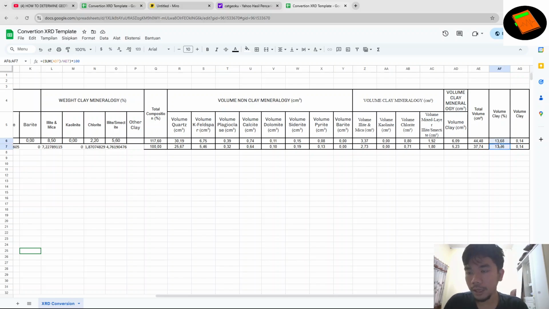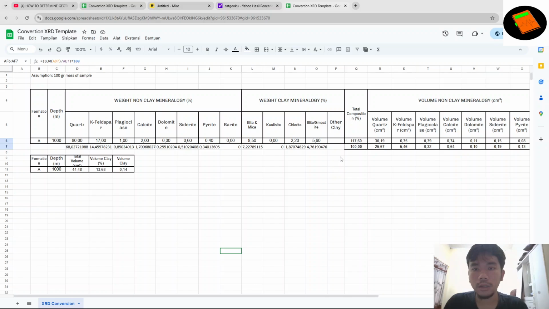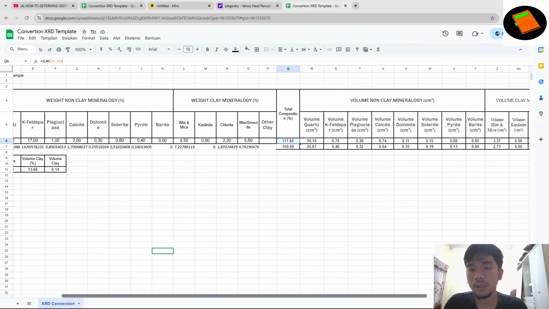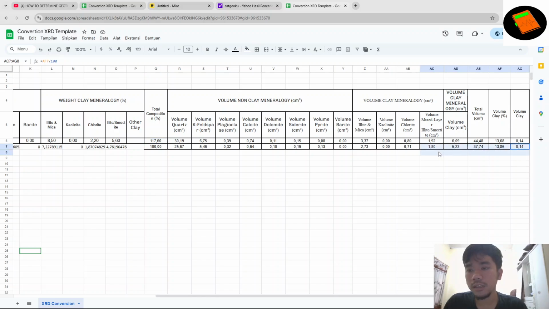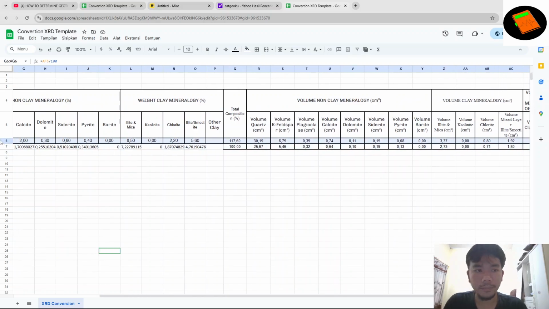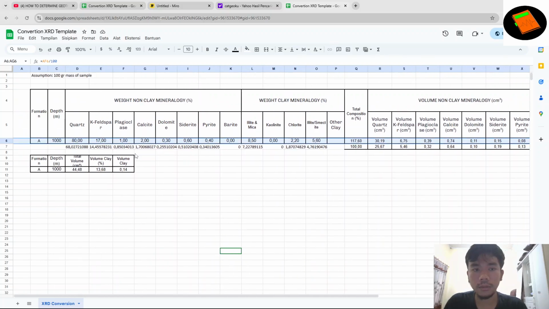By looking at and comparing these values, we get the information that we have a different result when we use 100% as our total composition compared to the first total composition. So the second row is more precise than the first row.